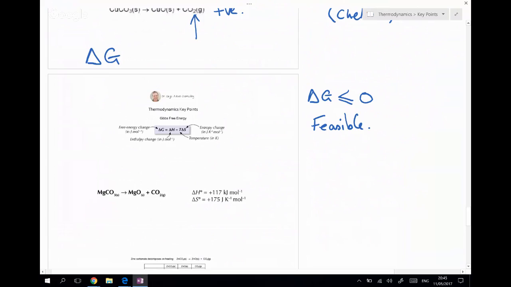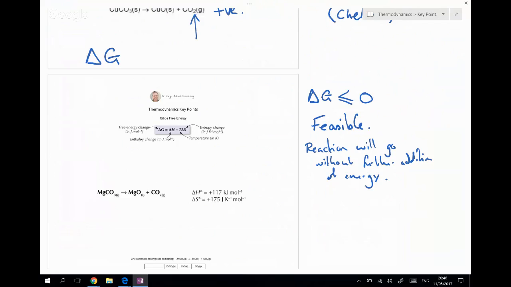It means that the reaction will go without further addition of energy. And this is one of the key concepts within the Gibbs free energy.